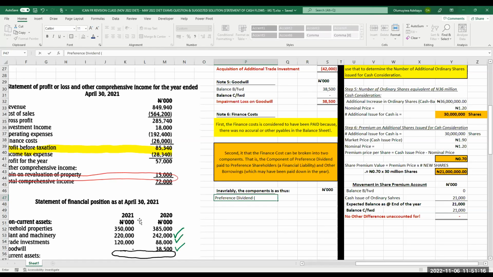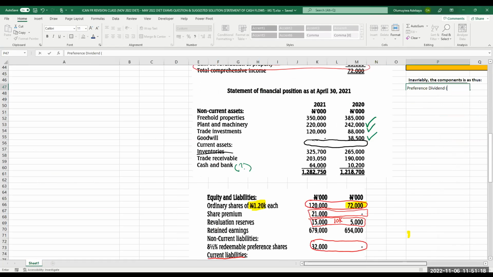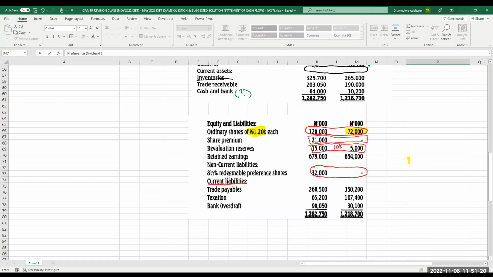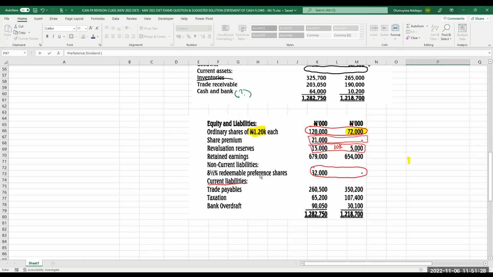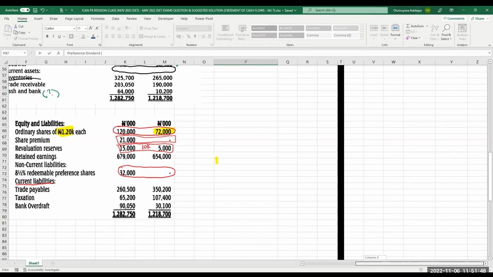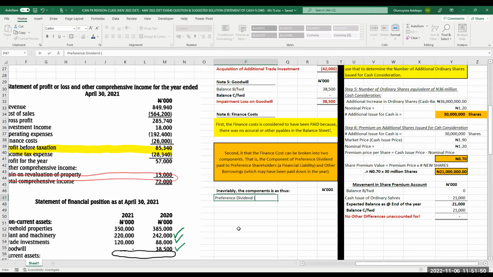What's our preference dividend? Come back here. 8.5% redeemable preference shares. And we have assumed here that these preference shares were obtained on 1st of May, 2020, and they stay until today, which is 30th of April 2021. Therefore, what it simply means is that we are going to compute full year interest.